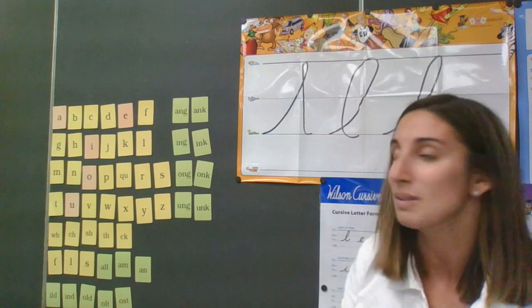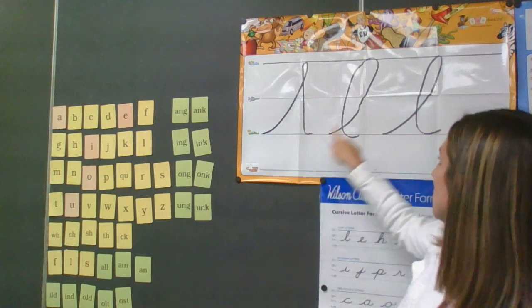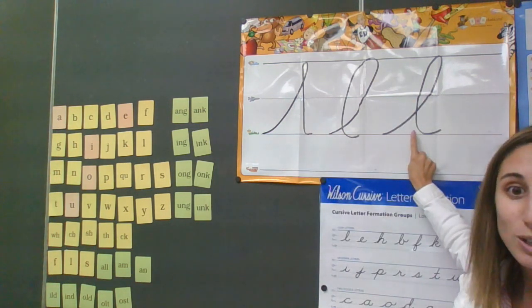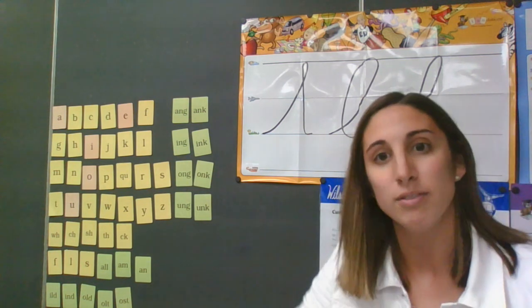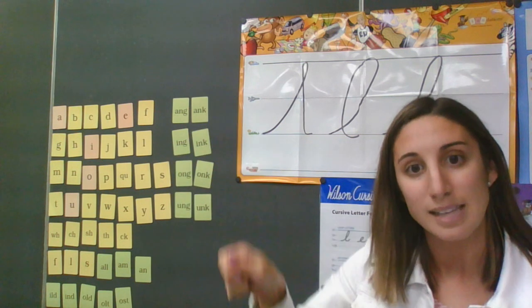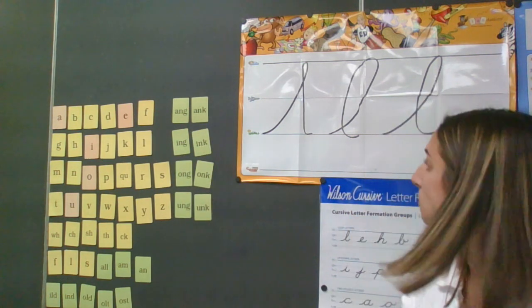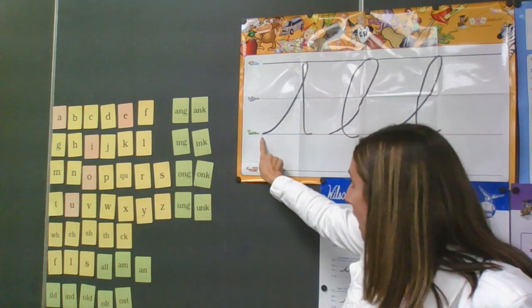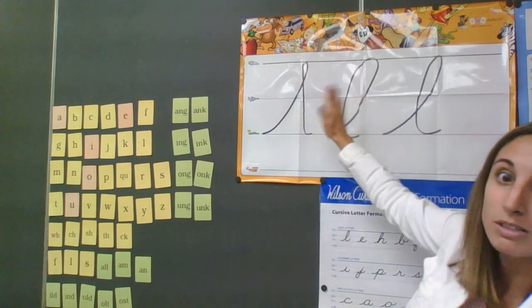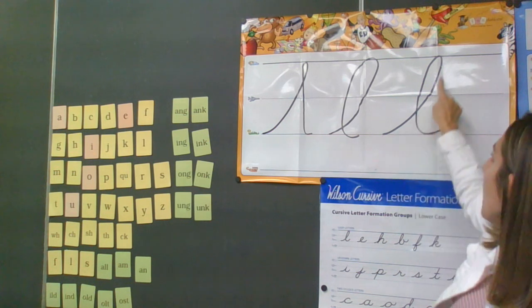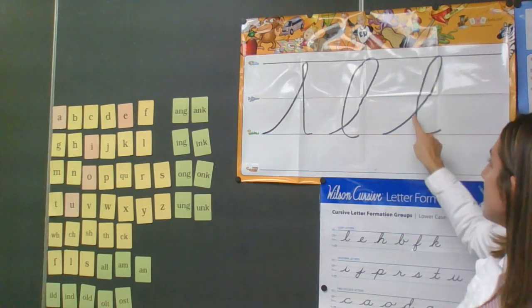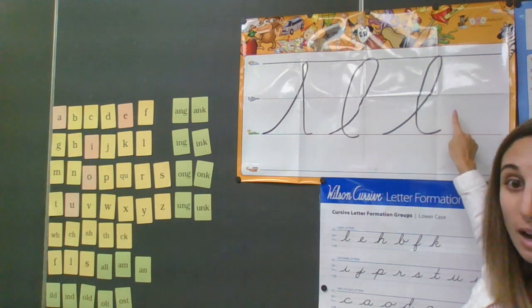So to get working on your lowercase letter L's, we're going to try to get them to look more like this one over here. If you want to pause the video and try some more lowercase L's and say those steps in your brain, start at the grass line. I better point at this one. These ones are not such good examples. Start at the grass line, glide up to the skyline, loop back down to the grass line, and make a tail.